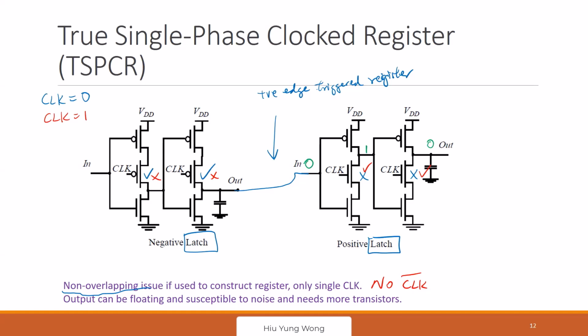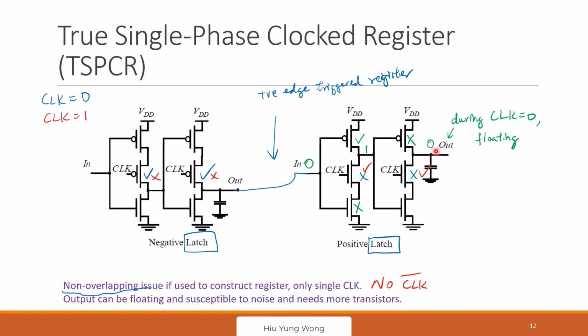So in this case, this is also off. This is on, this is off. In this case, this guy, during clock equal to 0, is floating, right?